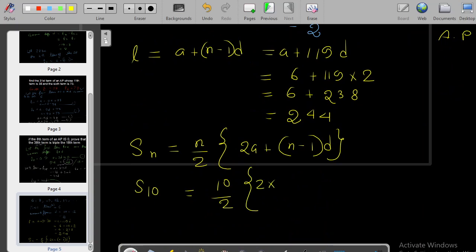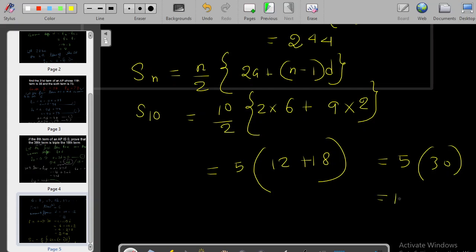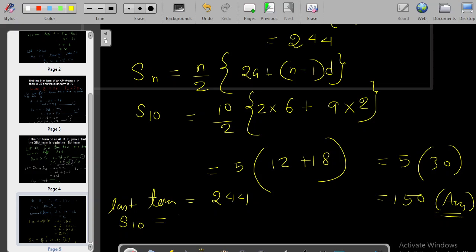So 2 into 6 plus, here n minus 1 will be 9, into d, which is 2. So 5 into 12 plus 18, that is 5 into 30, that is 150. So the last term was 244 if there are 120 terms in the AP, and the sum of the first 10 terms of the AP is 150. I hope you enjoyed this video.